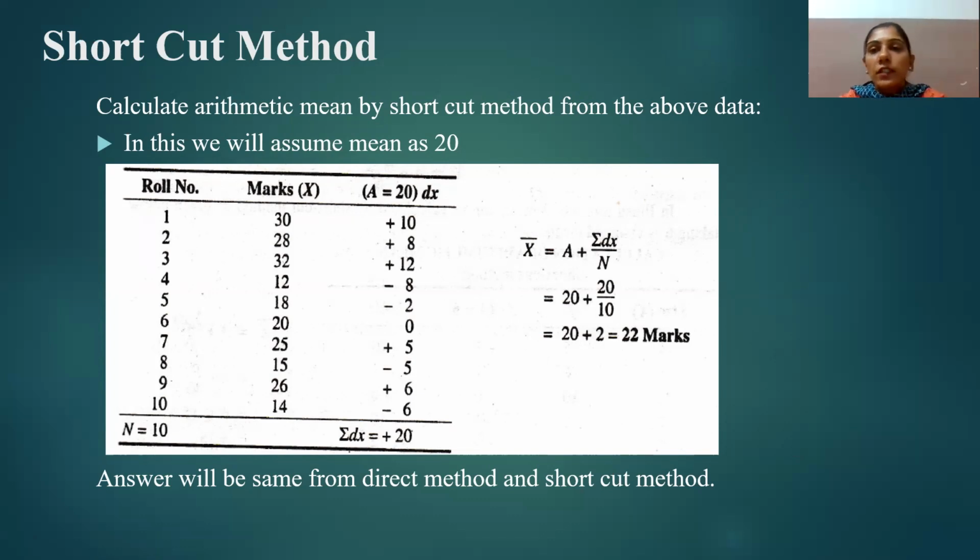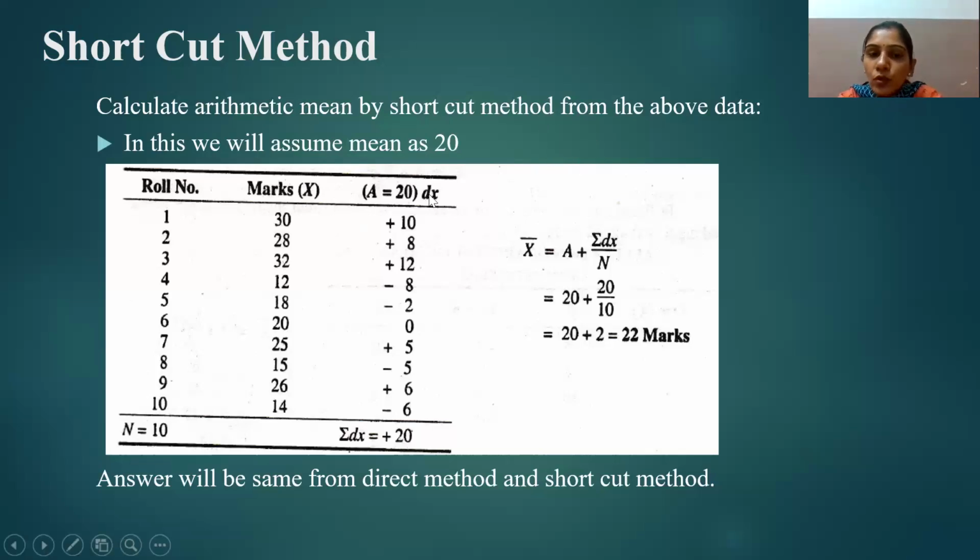The basic difference in these two methods is that in the shortcut method we have to assume a mean. We take an assumed mean for doing further calculation. In this question, as marks is our x, for the shortcut method we have to calculate dx, and for dx we have to take an assumed mean.